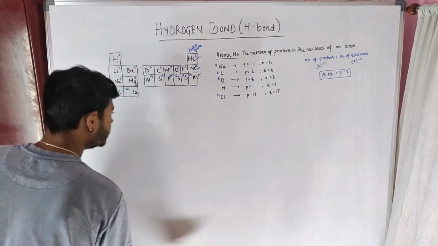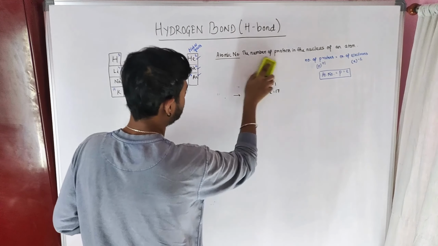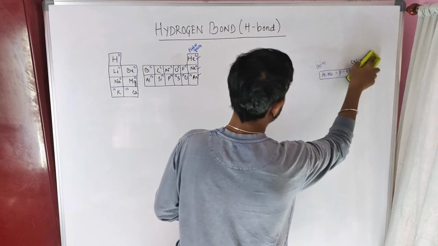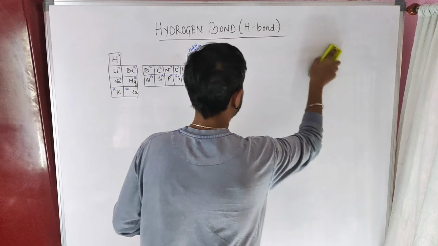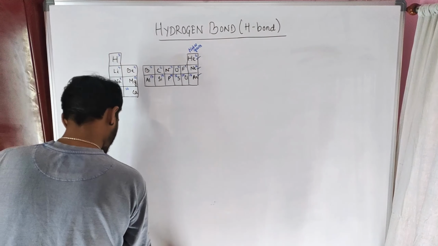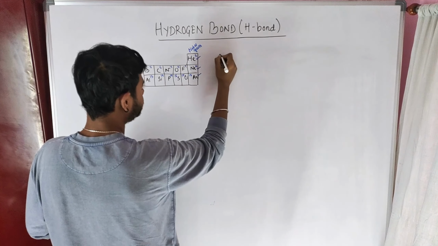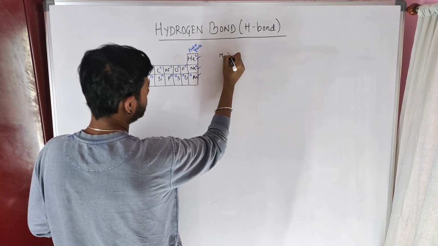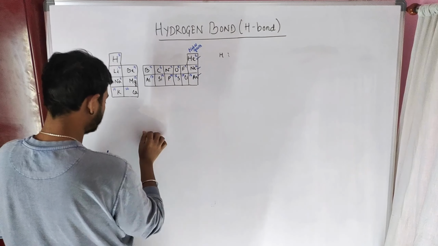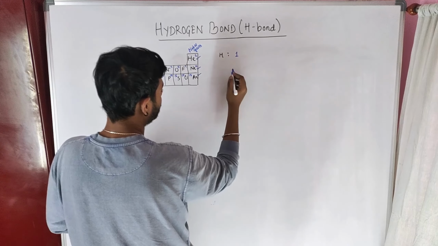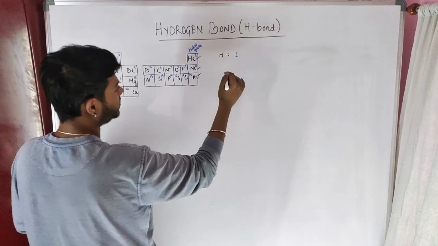Okay, let's wipe this part out and draw the electronic configurations of these elements. So hydrogen, it has 1 electron, so it will try to empty its shells.